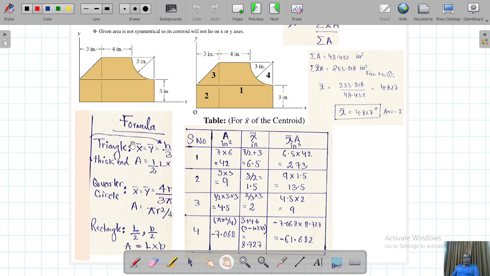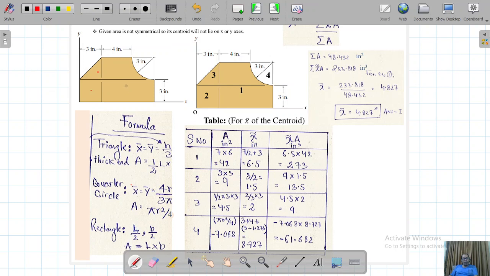The centroid will be somewhere here of this triangle, and you can easily say, just by observation, that the centroid of this square will be approximately here.